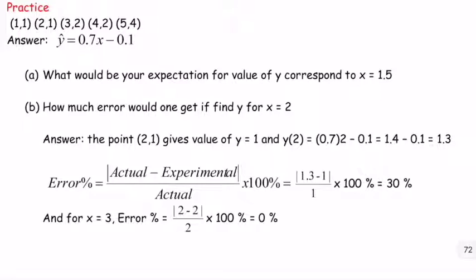And now we're going to do one more practice. Here are the given points, and we're using those points to find the slope and b.